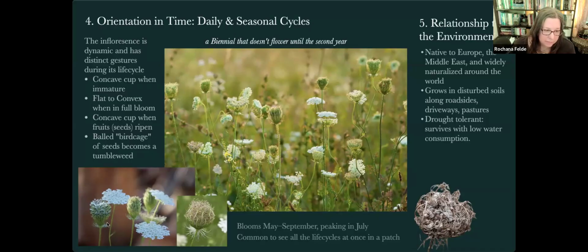and that is probably like this on the far left. You're going to see how it's just starting to flower and it's still in a bit of a cup situation. And then as it matures, the flower head will flatten out and even become convex. So if you can see my cursor, there's more of an example here where it looks a little bit rounded like an umbrella.